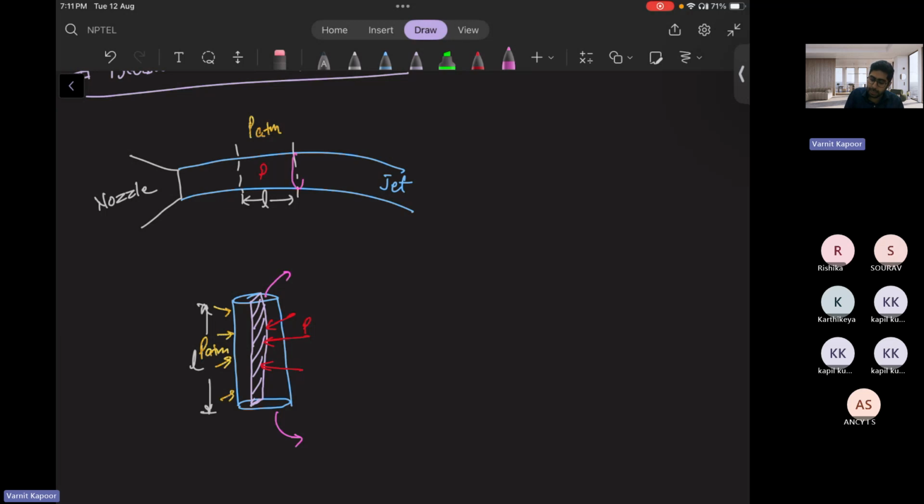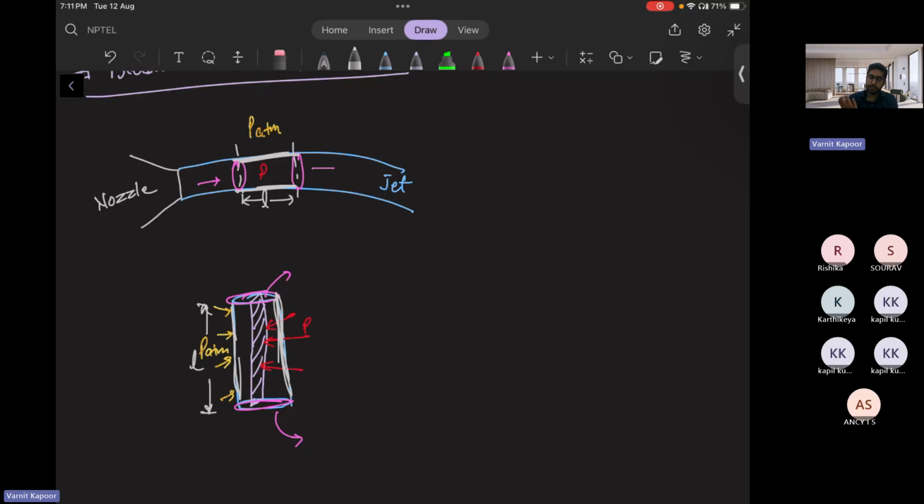Because here also there is liquid, here also there is liquid, there is no interface. Interface is only at this point and this point. Physically you are able to understand.